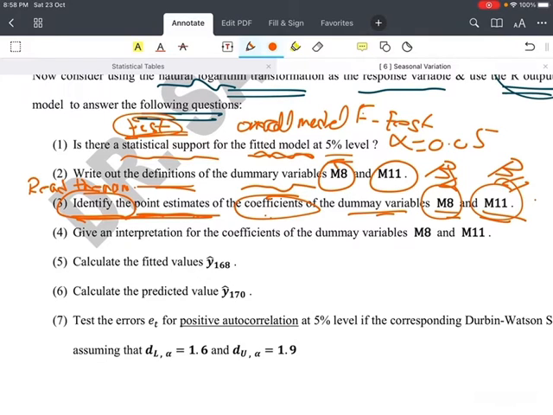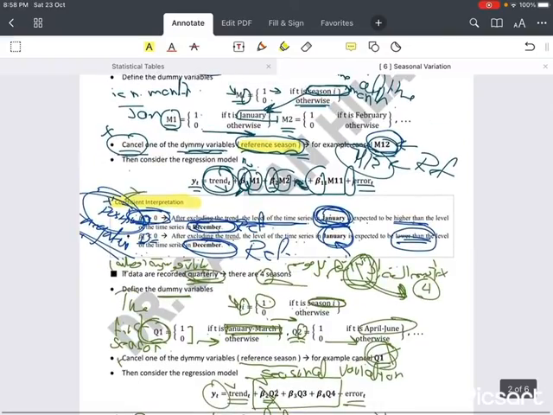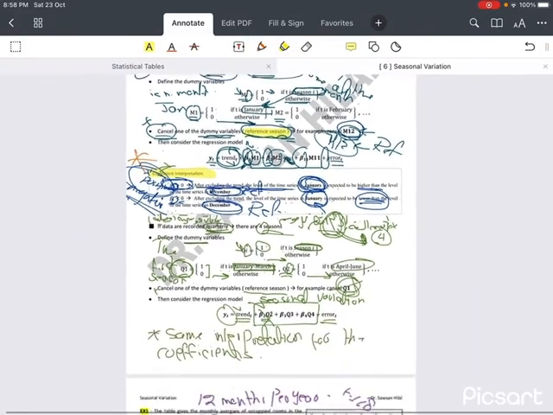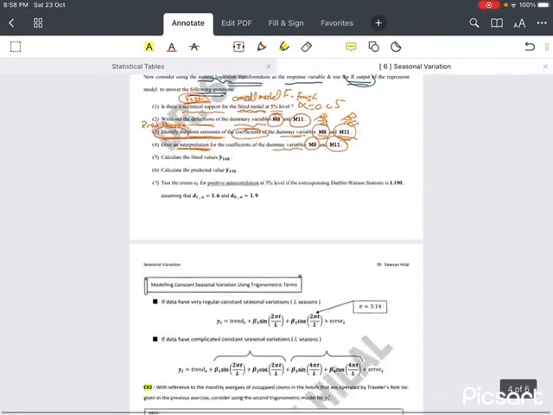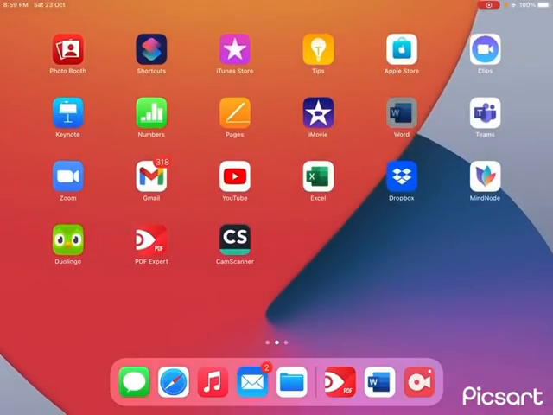Then give an interpretation for the coefficient of the dummy variables M8 and M11. The interpretation we took on this page, you will write for M8 and M11. It is easy. I'll write them here for you.